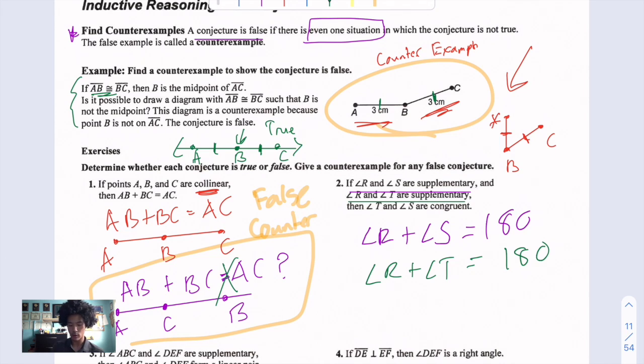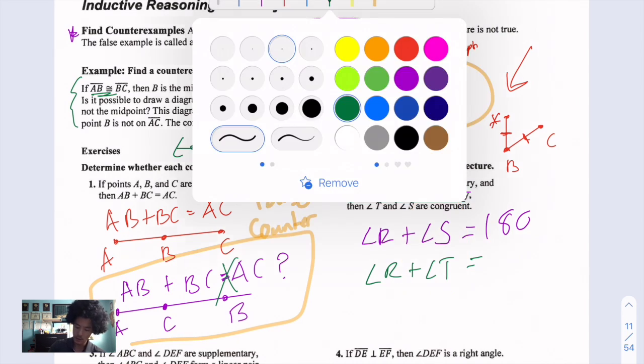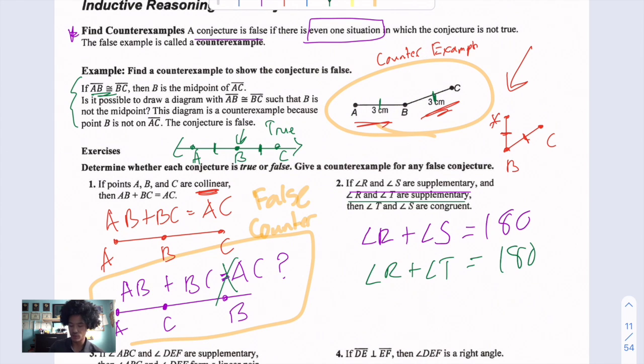Then what happens here? Angle T and angle S are congruent. Is that true? Looking here, angle S and T. Are they going to be congruent? One, you can test it out real quick by plugging in a random number for angle R. Let's just pretend angle R equals 10.